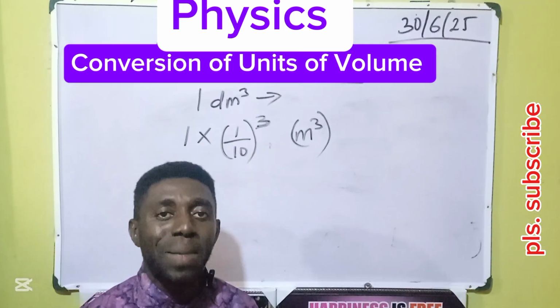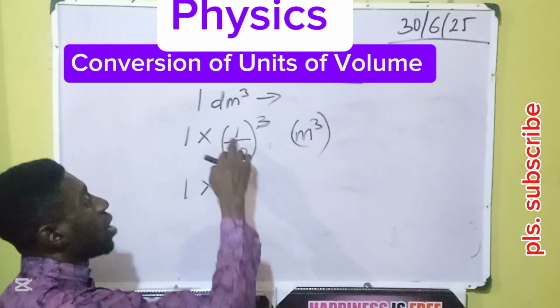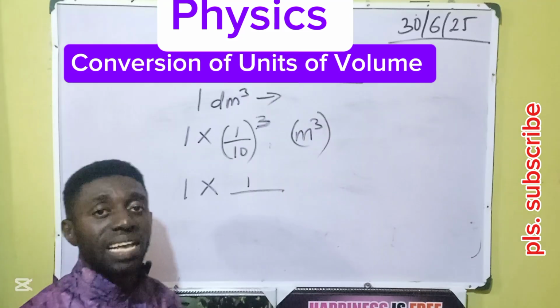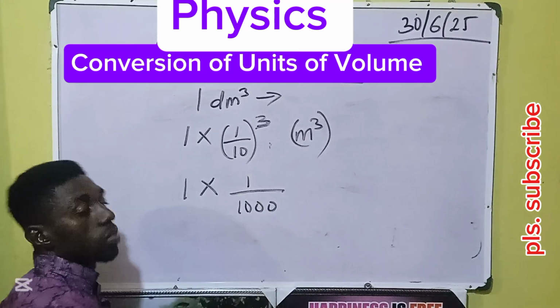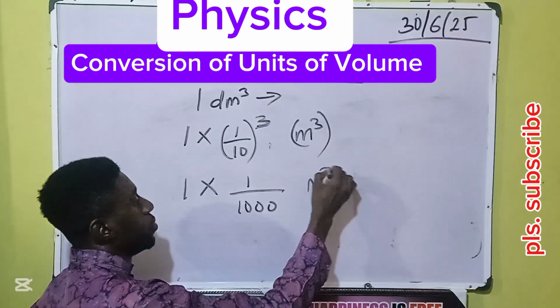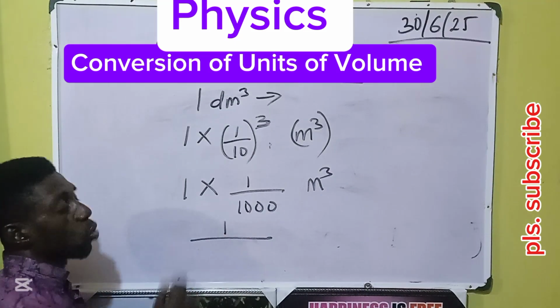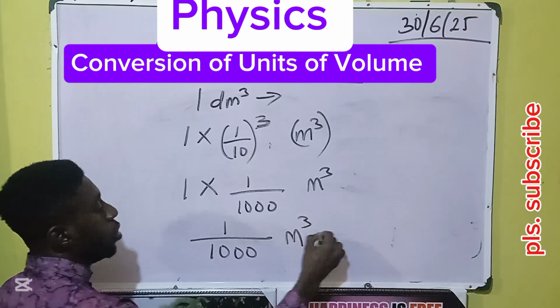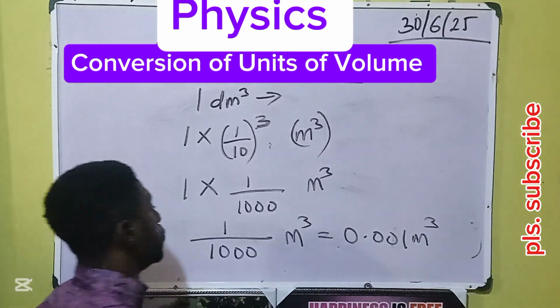Then let's continue with our mathematics. 1 times 1 times 1 times 1. 1 cube is 1. 10 times 10 times 10. 10 cube is 1,000. Then we're now left with meter cube. Finally, we'll be having 1 over 1 times 1 is 1, 1 over 1,000 meter cube, or 0.001 meter cube.